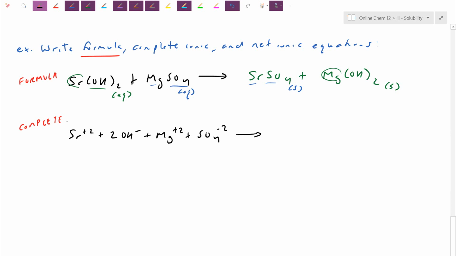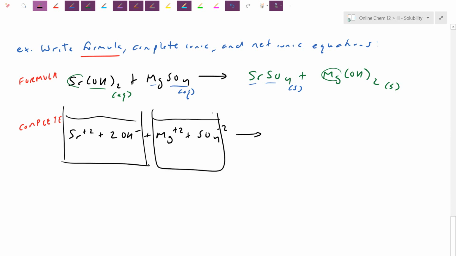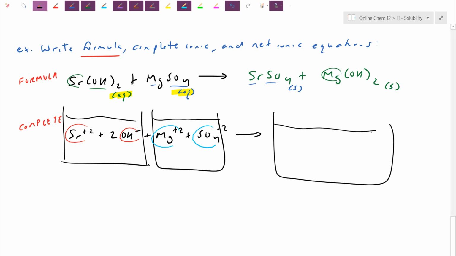Remember the implication there is even though your bottle is labeled strontium hydroxide and magnesium sulfate, because we've identified them as aqueous, they're actually not holding hands anymore. It's actually just strontium ions, just hydroxide swimming around, or just magnesium and just sulfate swimming around. Now all we do is we put them all into one and the same container together. Now all 4 ions are together. There's strontium ions, hydroxide ions, magnesium ions, sulfate ions.